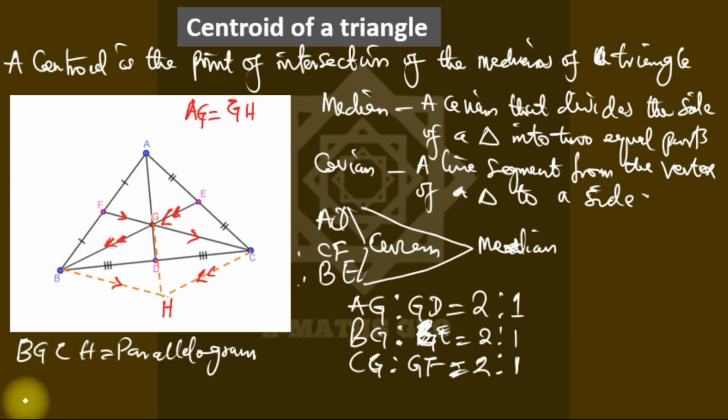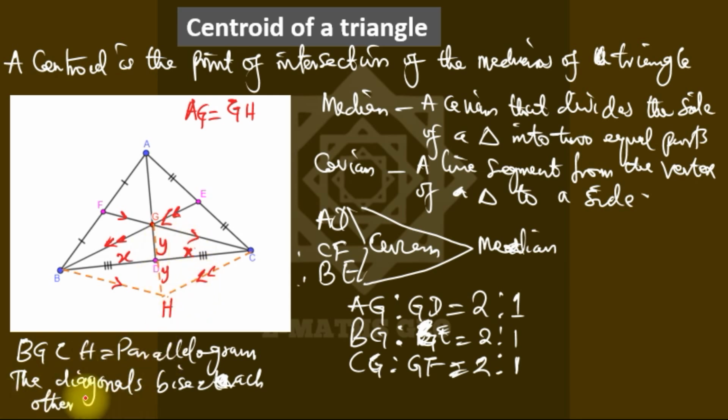And one of the properties of a parallelogram is that the diagonals bisect each other. So what are we trying to say here? If we call this x, this is also x, and if here is y, here is also y.